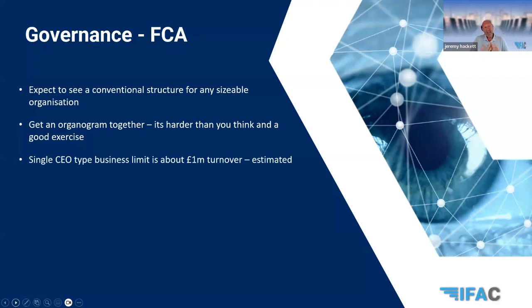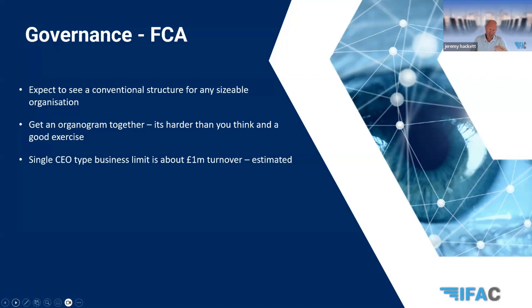The other thing that they expect to see, and typical FCA, you'll never see this written down as a specific figure, but from ongoing dialogue and our experience of working with them, they basically say a business would have a single CEO up to around £1 million worth of turnover per annum.